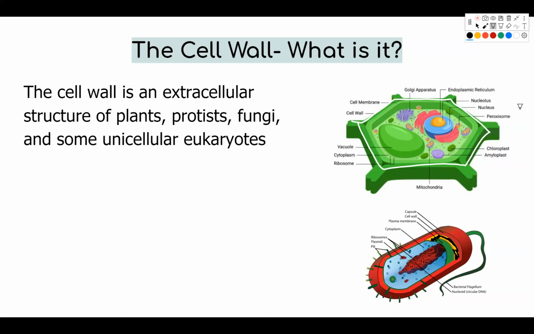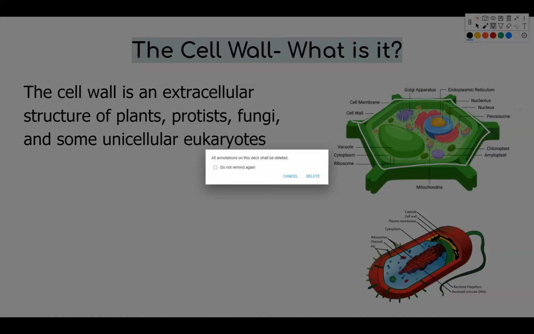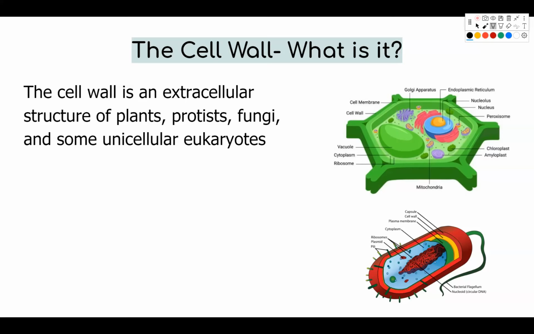It's just another layer outside this plasma membrane to provide some structure and help our organisms function and communicate. So that is our baseline cell wall. Now the annotations are a little bit different, but that's all right.